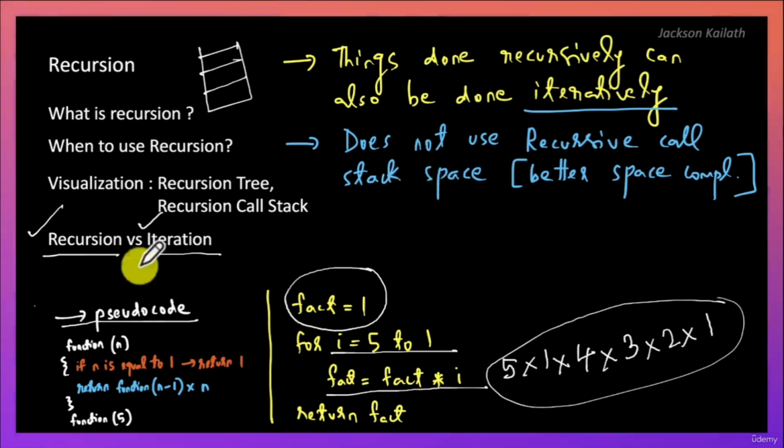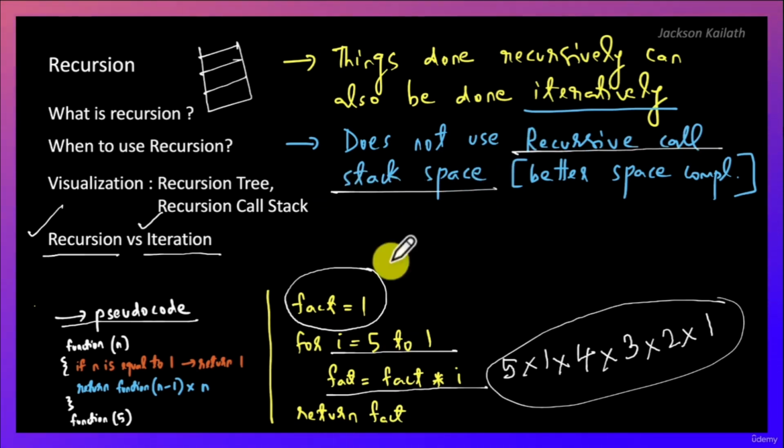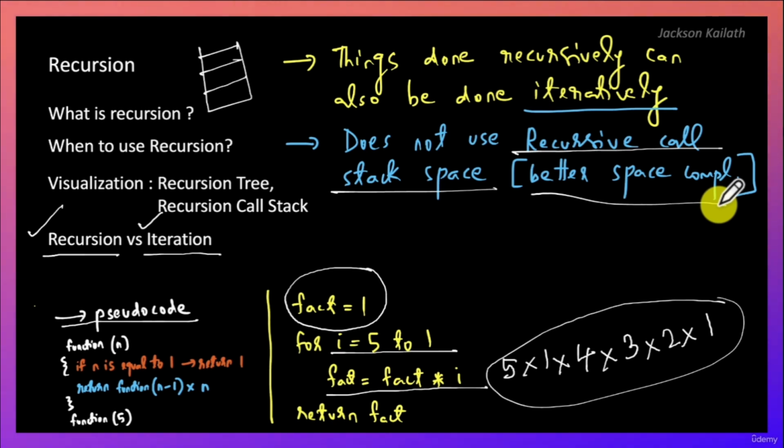So when we solve the same problem iteratively, we do not use recursive call stack space. Therefore, you will see that in many coding interview questions, you can achieve a better space complexity with an iterative solution as compared to a recursive solution. So this is another interesting point when we compare recursion and iteration.